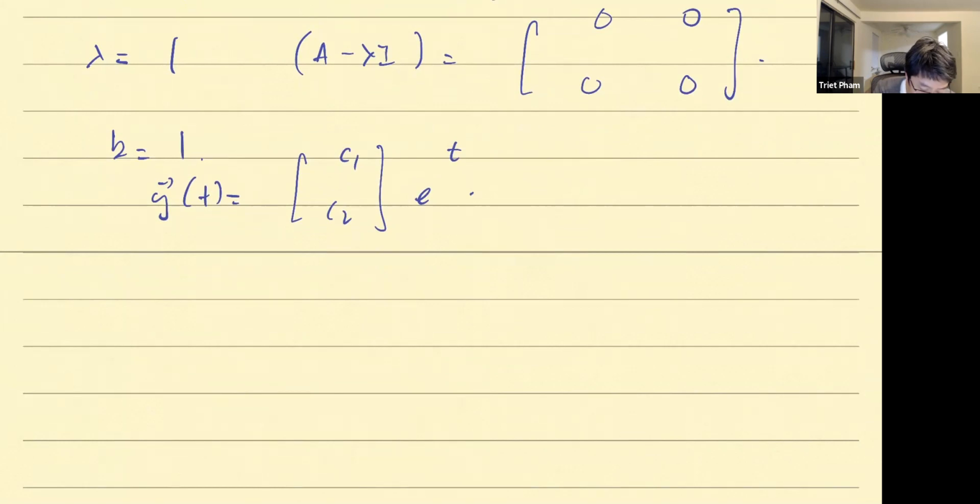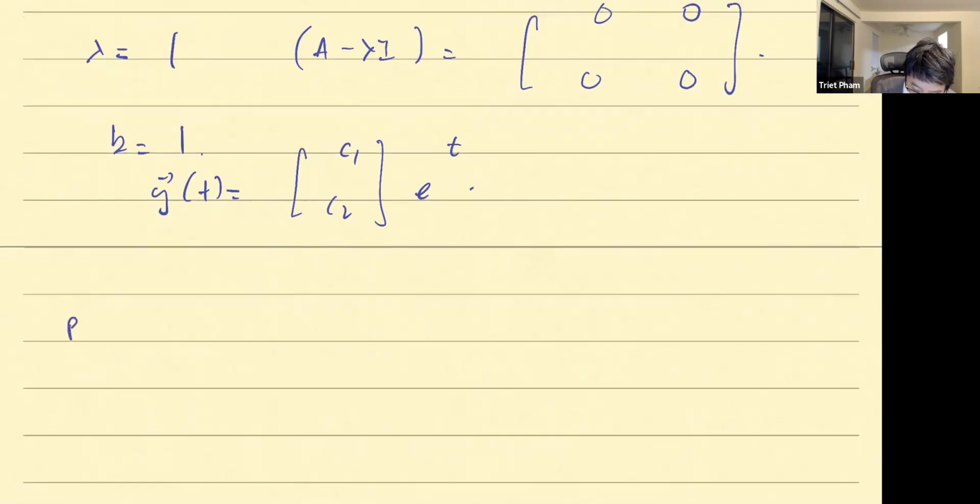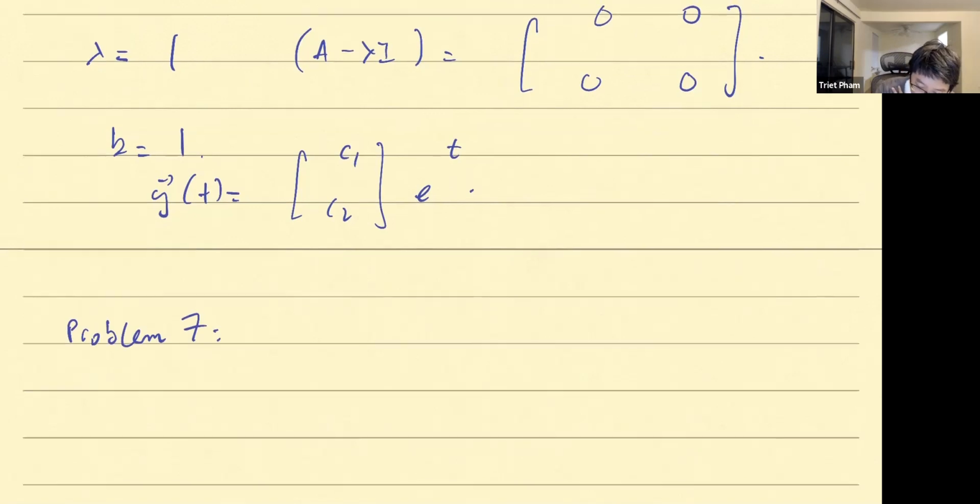So maybe let me also show you problem 7 in the book, under this new lens. This is like a compensation for people who kind of have to wash through this. So problem 7 from the book says y prime is equal to the matrix minus 2, minus 1, 1, minus 4, times y. What's the eigenvector? That's the only thing I need to know.